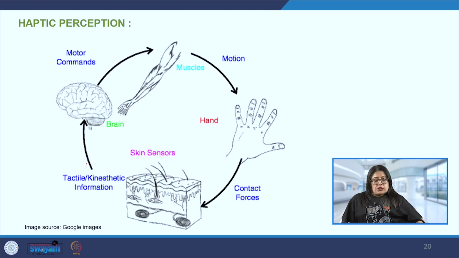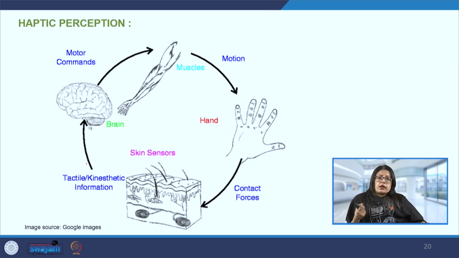The next perception is that of the haptic perception, which means touch, and touch also tells us about the environment. Here we have the skin receptors which, when we touch a certain object, get the information depending on whether we are pressing something or clicking something or moving something, and then this information goes to our cognition, to our brain, and it makes the muscle move and the action is taken, there is motion, and this continues.